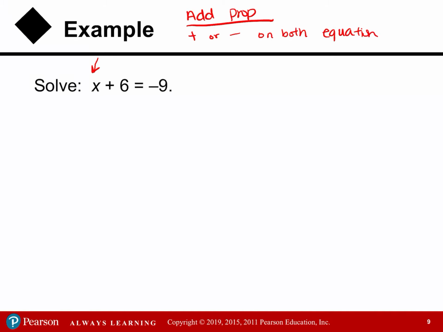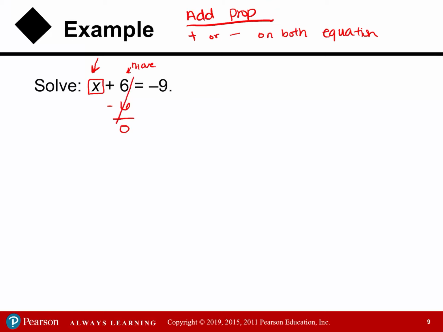Okay, so I want to get x by itself. So why don't we try and move that 6? Well, if I want it gone, then I would need to make it 0. So what can I do to 6 to make it 0? Well, I can take the opposite, minus 6. 6 minus 6 is 0.